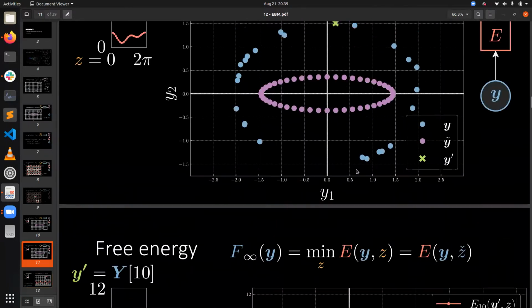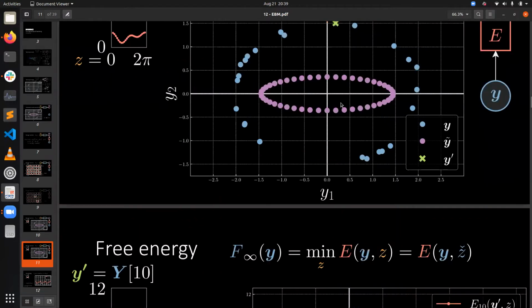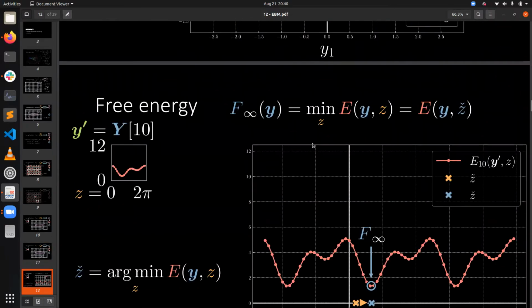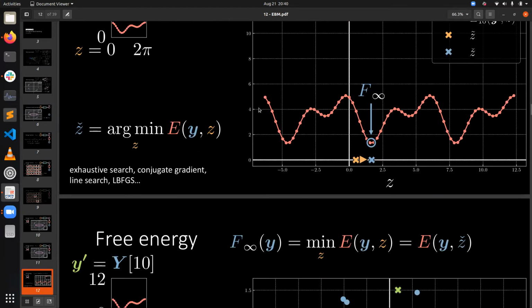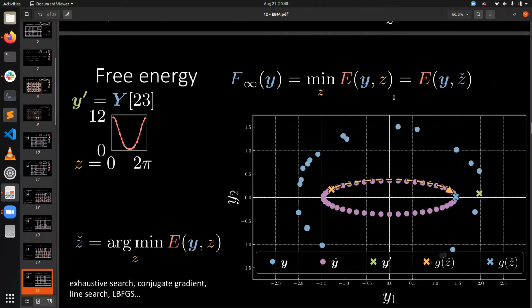So essentially what it means is, for that particular point, you consider only the point on the manifold that is closest to it, and then you find the energy, which is the Euclidean distance from that point to this point. So that is called zero temperature free energy. I think we have seen all of this.